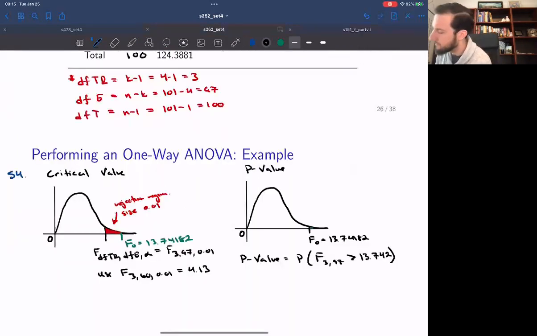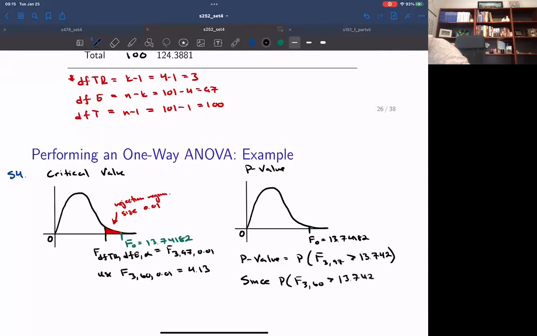So we can say, since the probability that F on 3 and 60 greater than 13.742 is less than 0.005, then the p-value is less than 0.005.